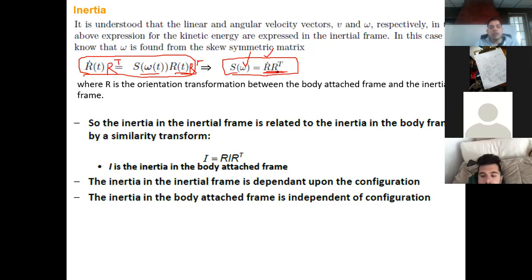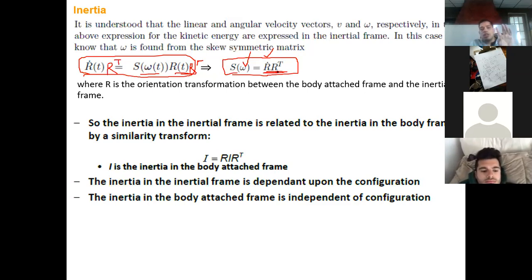Okay. Now, when I say inertia, there could be two kinds of inertia again. One, the inertia related to the body frame, and the other one, inertia with respect to the base frame or inertial frame. Base frame is also called inertial frame.